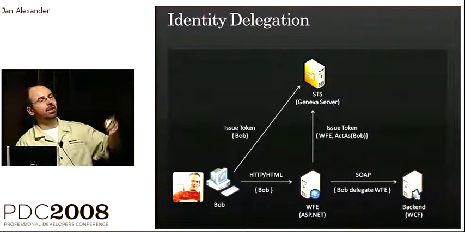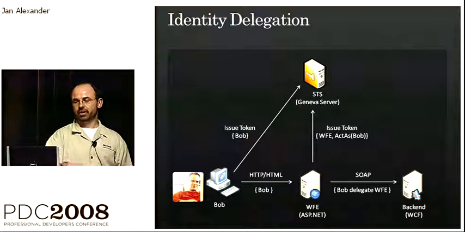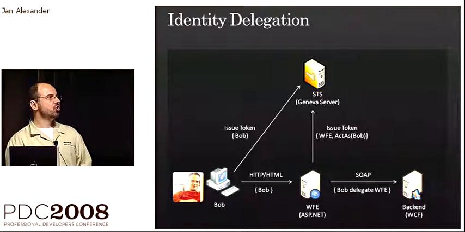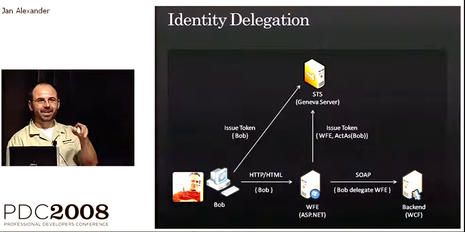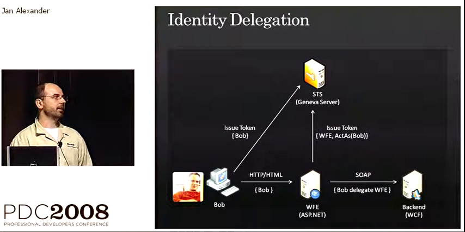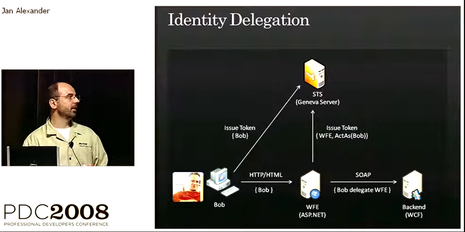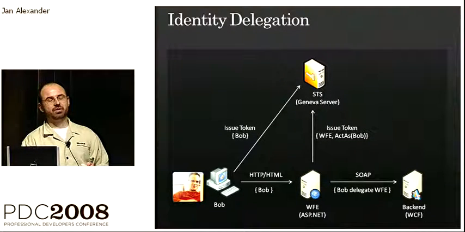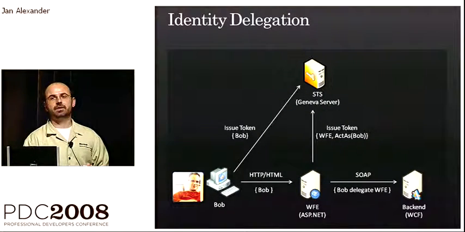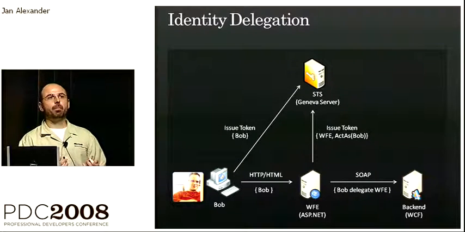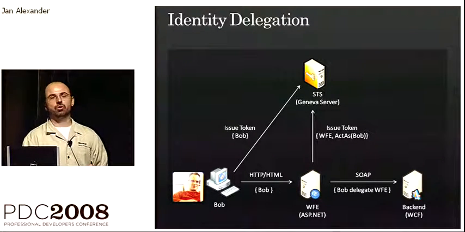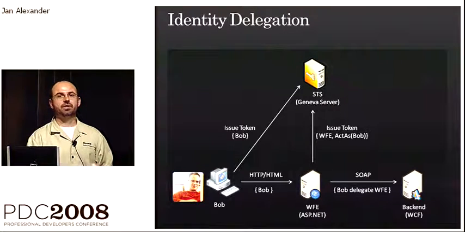So there is a policy behind that STS. And you saw, when I showed the Geneva server management console, there is a delegate tab on the relying party. You can configure what other applications, the backend applications, the middle tier can access. So right now we are on par with what in AD is called constrained delegation as far as the policy goes.